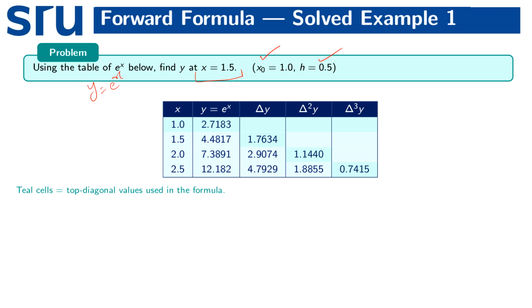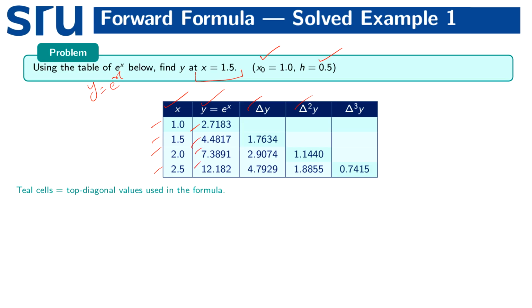Now from the table you can see these are the x values: 1, 1.5, 2, 2.5. These are the values of the function e^x, the four values under the column y = e^x. Then this is the first difference, this is the second difference, this is the third difference.